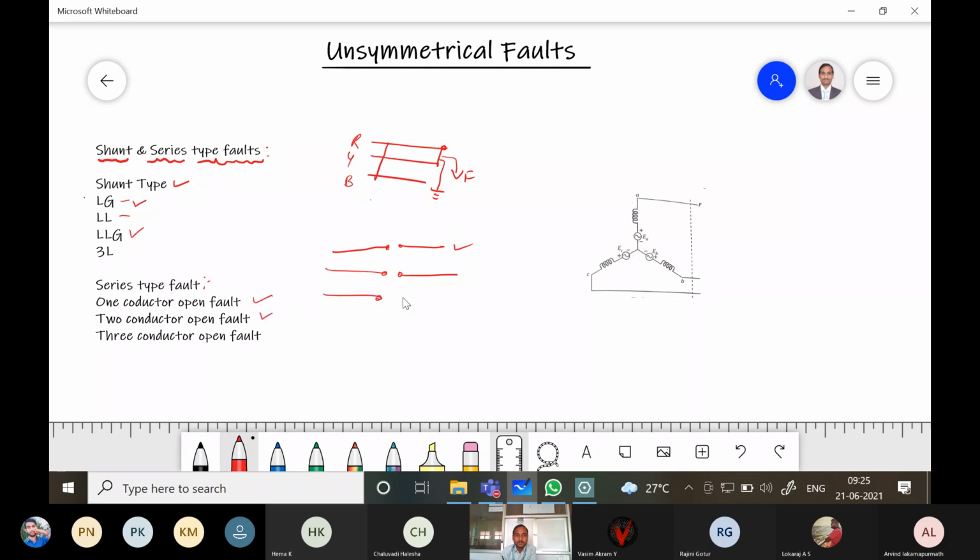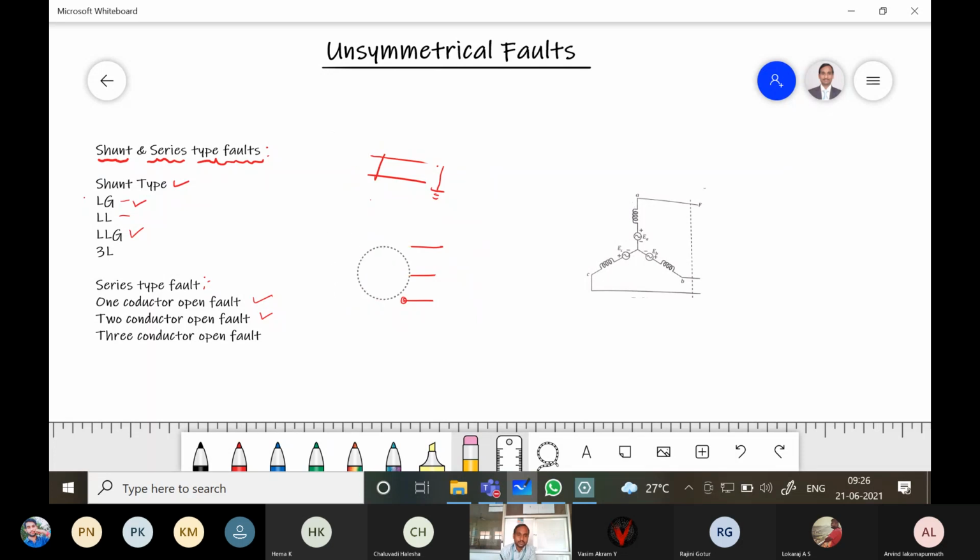Sometimes all the conductors are open, which is called a three conductor open fault. Conductor opening is the series type, whereas a shunt fault is with respect to the ground or with respect to another line. Series fault just means an open type fault. So this is about unsymmetrical faults.